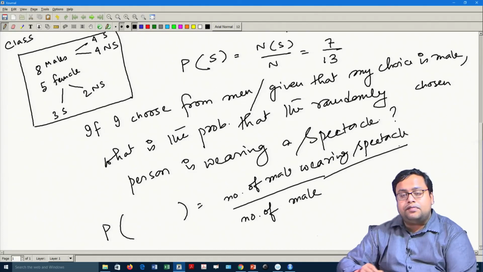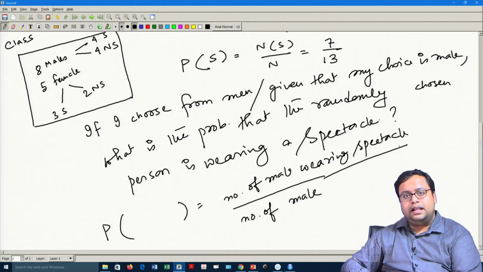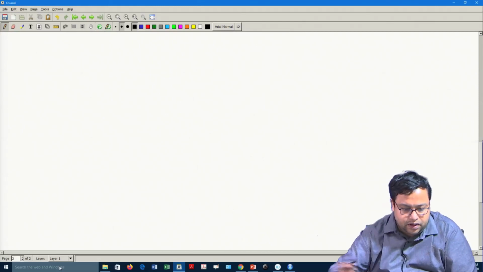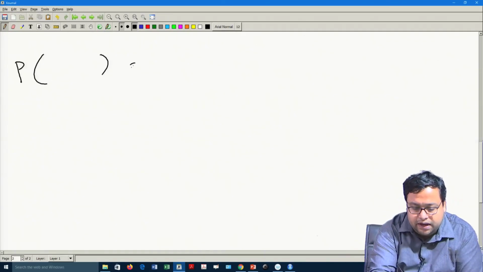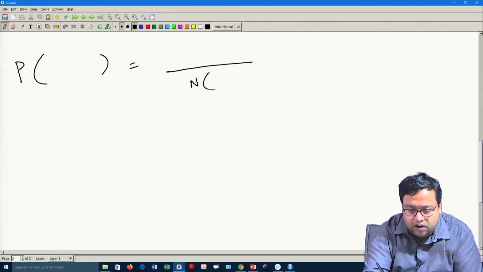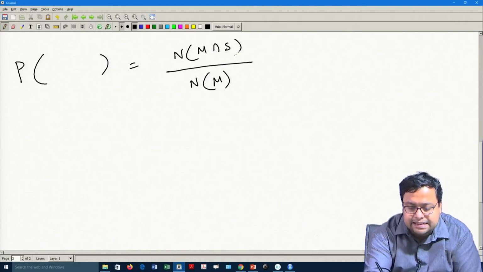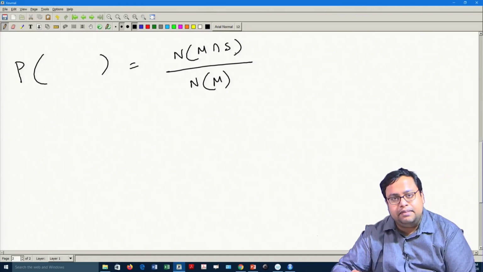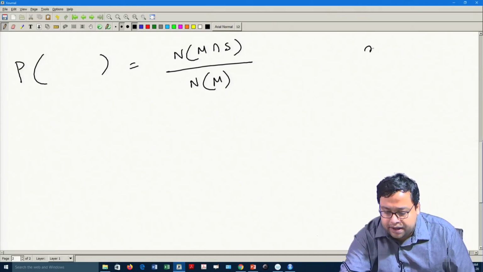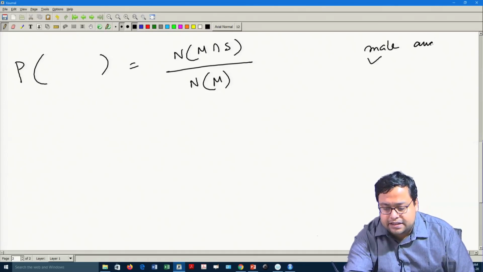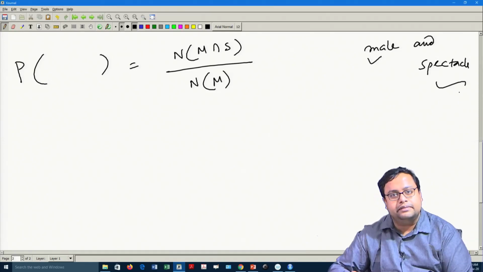That is what we are trying to find: the number of males and the number of males wearing spectacles. So, in mathematical terms, the probability we are trying to find is n of m and s over n of m. What is 'and'? 'And' means both things are happening: the person is male, and is wearing spectacles.